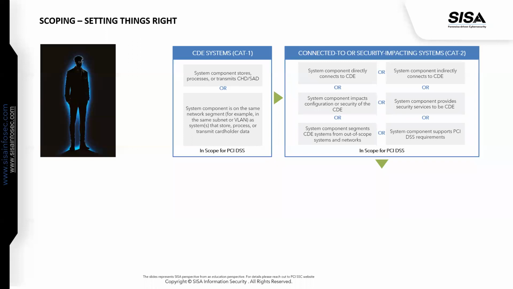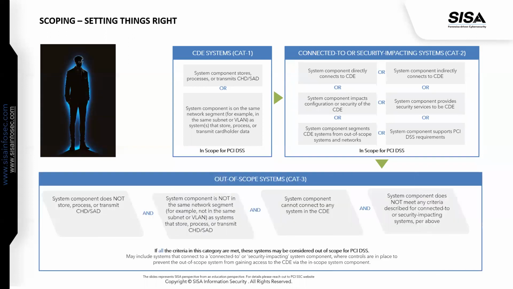If you do not do scoping, then the entire environment can be in the scope of PCI DSS, and that can be a big issue for the company in that you need to invest more in security. You need to have more processes around this. You need to have a bigger workforce, and even after that you may fail in compliance because the scoping is not right.